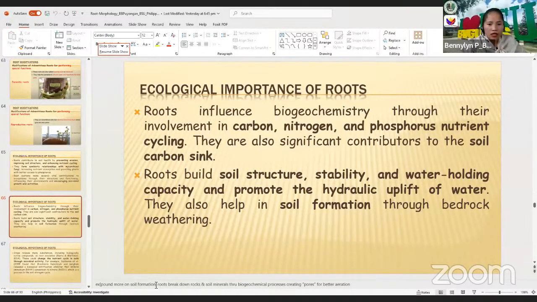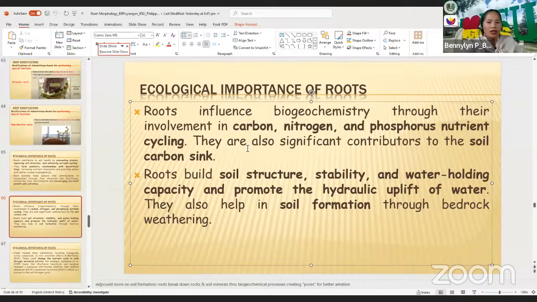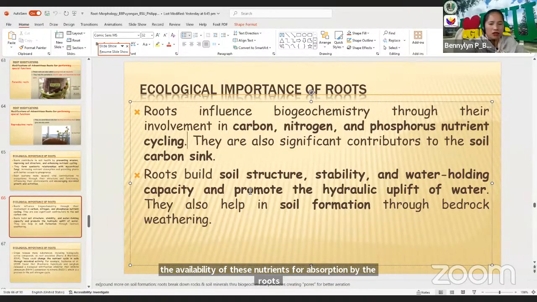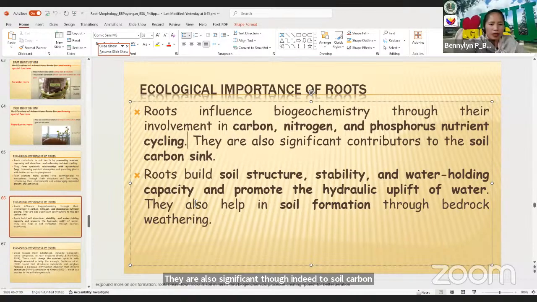So when we say the carbon, nitrogen, and phosphorus nutrient cycling that was mentioned a while back, they are responsible for the faster enhancement of the availability of these nutrients for absorption by the roots. They are also significant to the soil carbon sink. So take a look at some researches later on to prove this one.